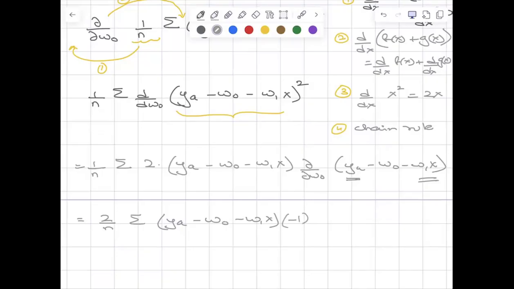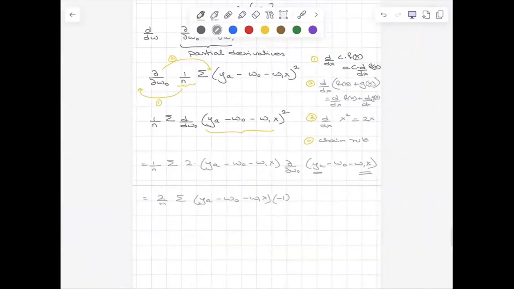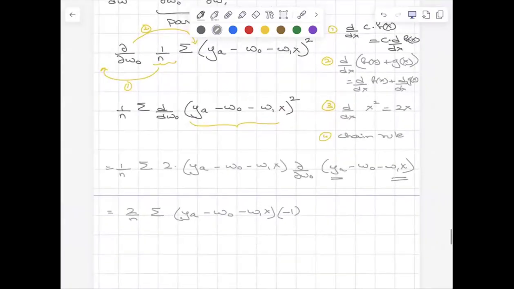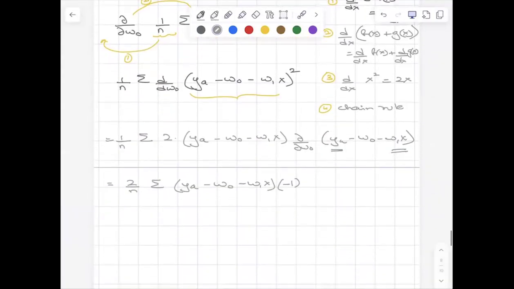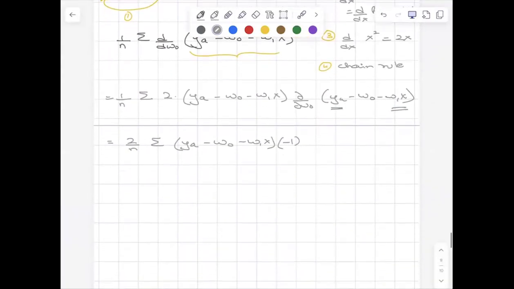Okay, so I'm including all of this just for completion, but don't freak out about this. Just keep one thing in mind. I have a function called the loss function, which is a function of w. So first I'm taking its derivative with respect to w naught, right? And if I apply a few rules of derivative of functions, the derivative of that LMSE with respect to w naught ends up equal to this.